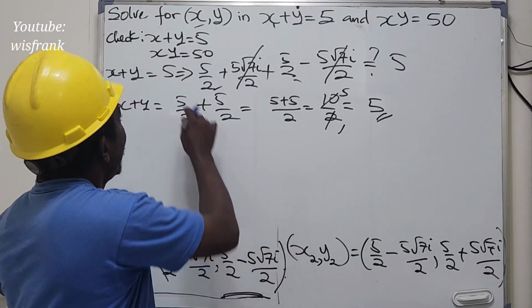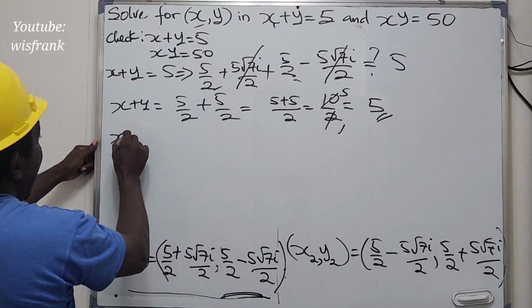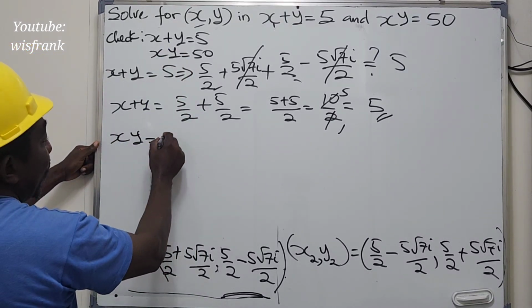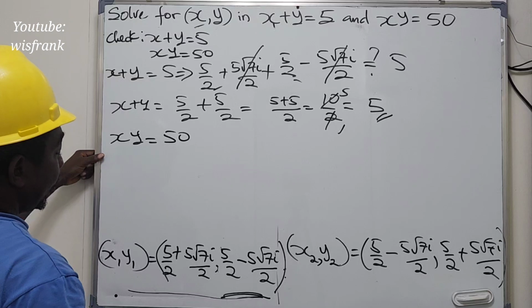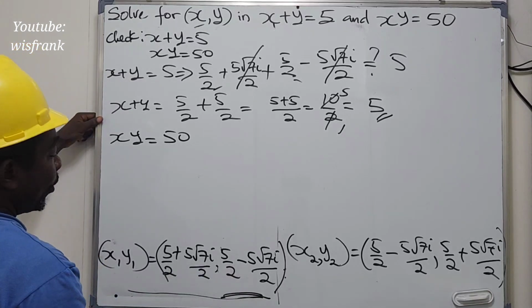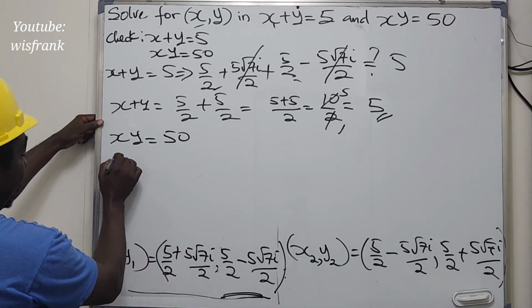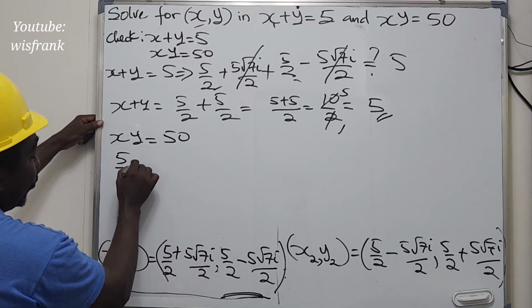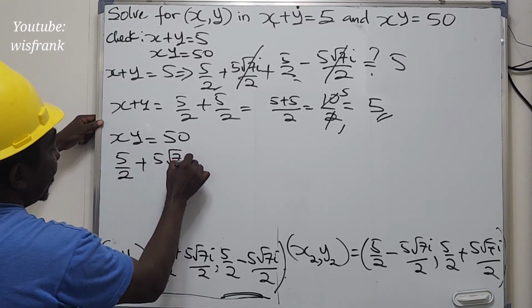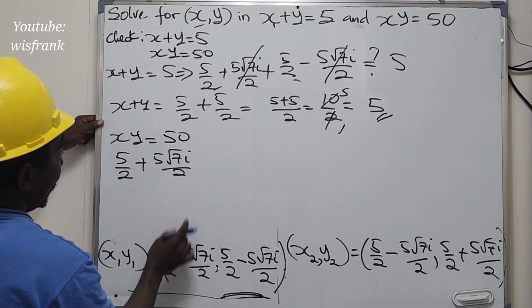We can check for the second one, which is x times y equals 50. So let's take x1 and y1. We have 5 all over 2 plus 5 root 7i all over 2, that is for x.